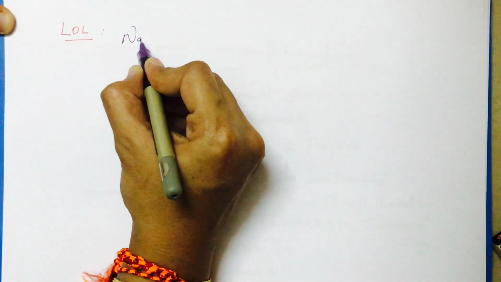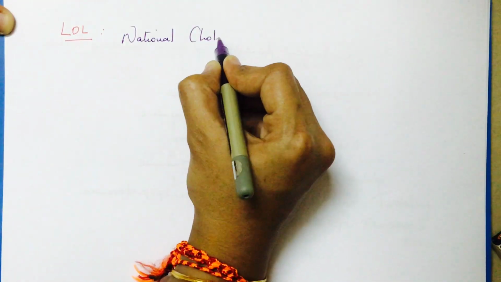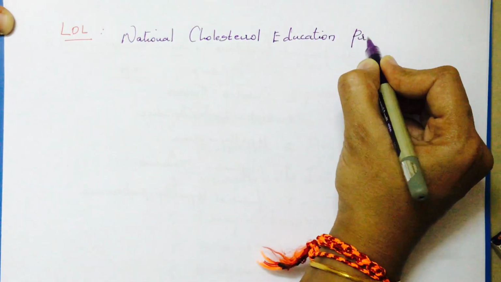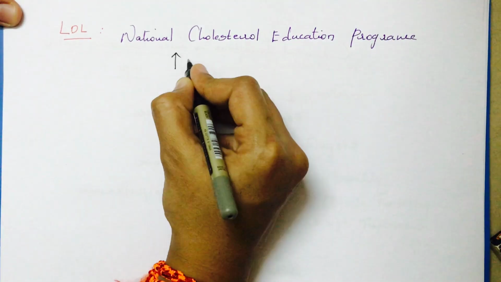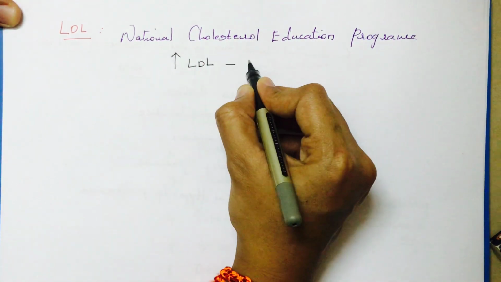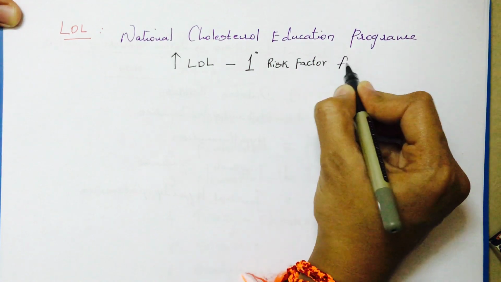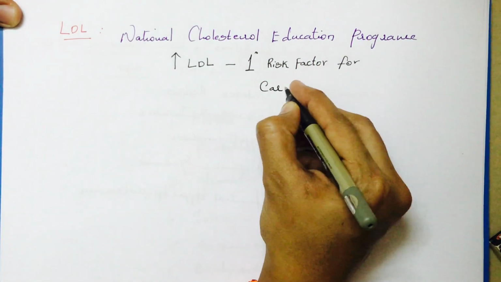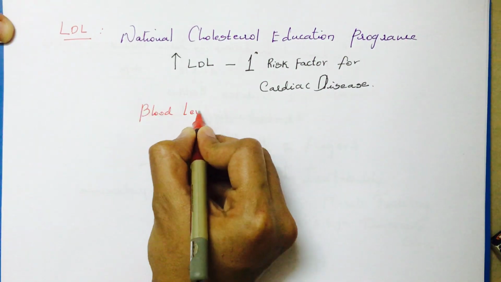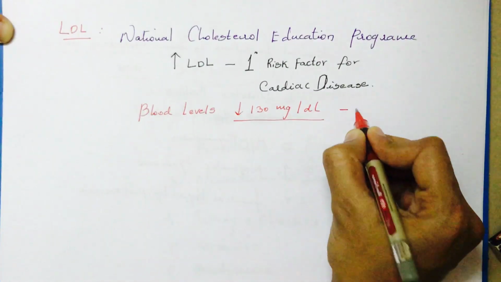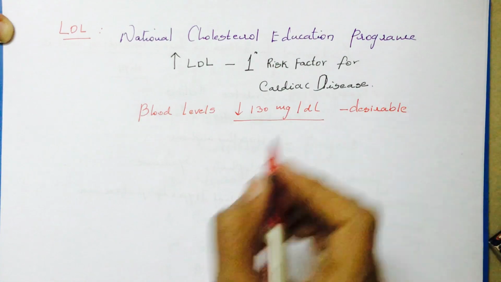LDL: the National Cholesterol Education Program identified increased LDL as a prime risk factor for coronary heart disease. So blood levels under 130 mg per dl are desirable.